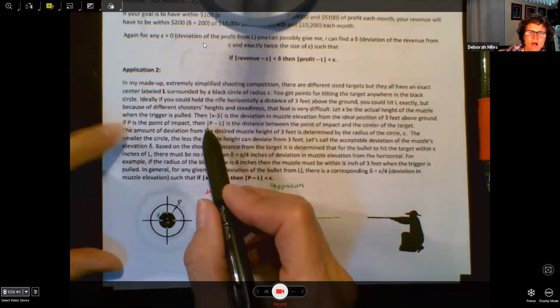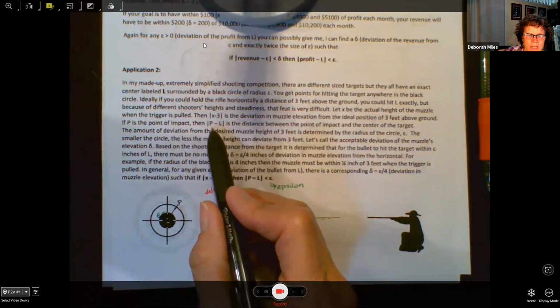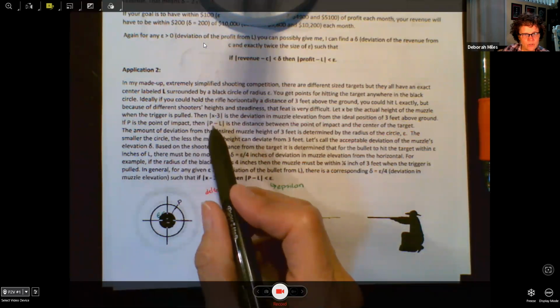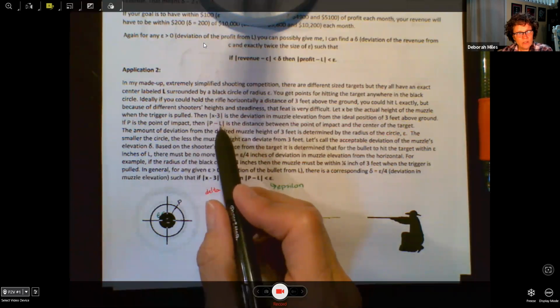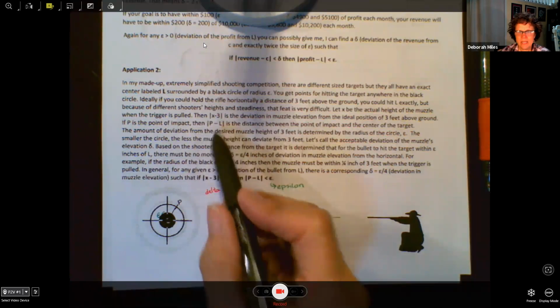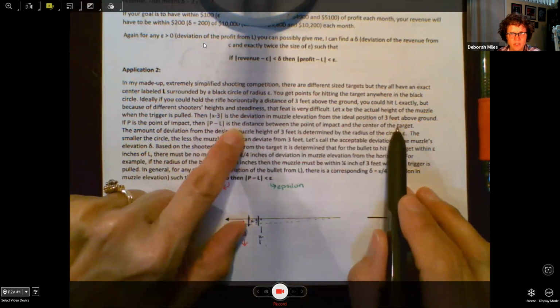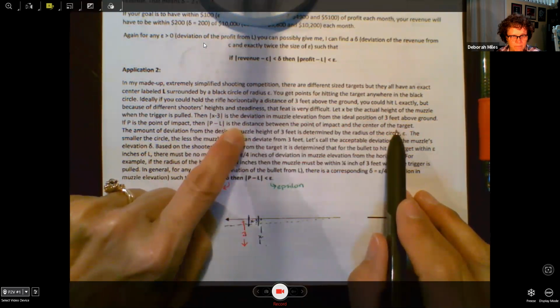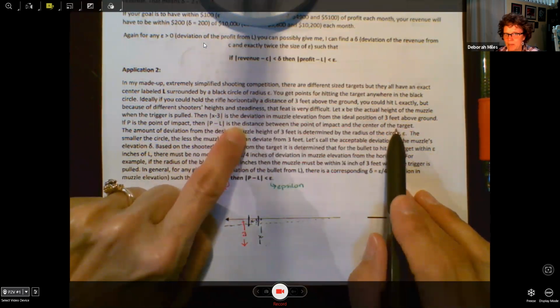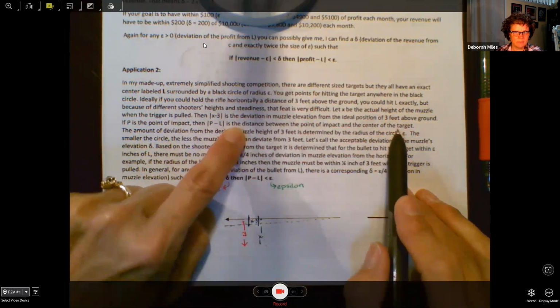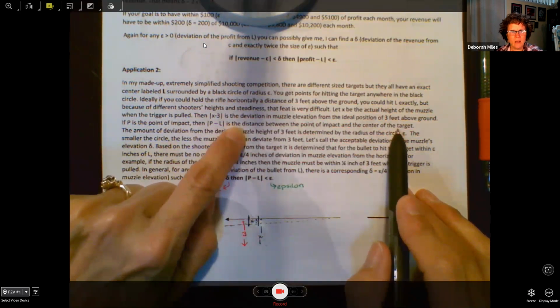Absolute value of the difference between where the bullet hits the target and the ideal point where the bullet hits the target, that absolute value is the distance between the point of impact and the center of the target. Now, I'm not going to wait on 4 yeses after every sentence, but if somebody's going, no, you lost me, just yell at me and I'll back up.